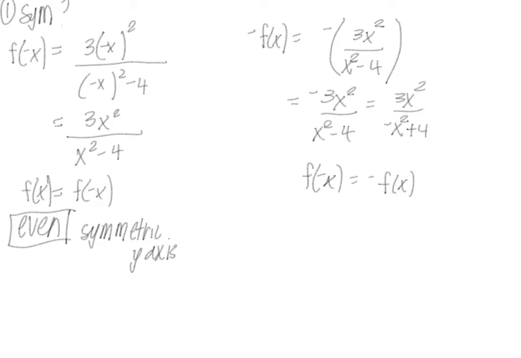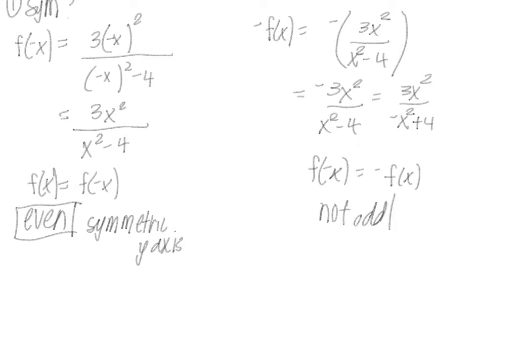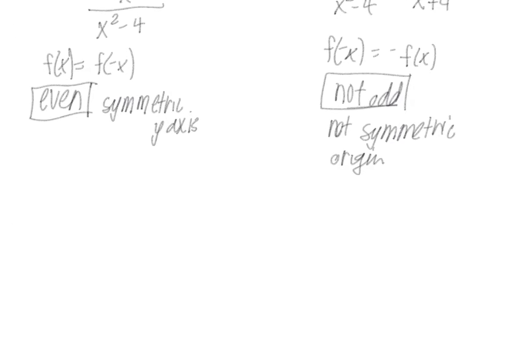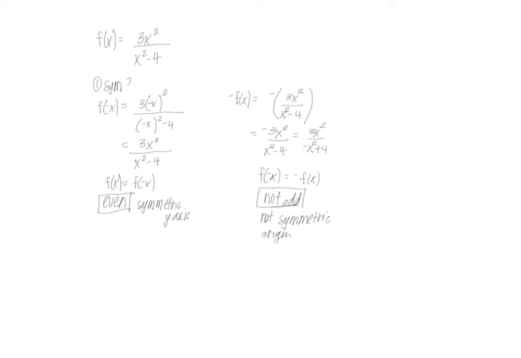So we're not odd, and that means that we're not symmetric about the origin. Okay, so next we're going to find our vertical asymptotes.